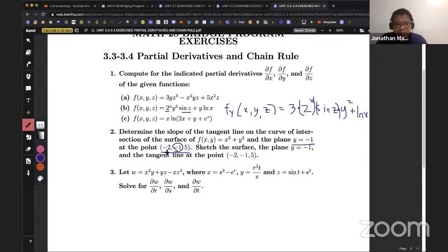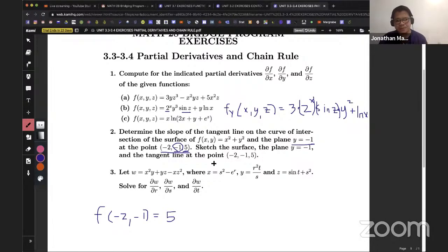Ibig sabihin, ang x mo ay -2, ang y mo ay -1, ang corresponding value mo for z is 5. If you substitute -2 and -1 to the function, f of -2, -1 is equal to 5. Okay? 5, which is correspondingly the z value of the given point. So meaning to say, this ordered triple is indeed on the paraboloid.